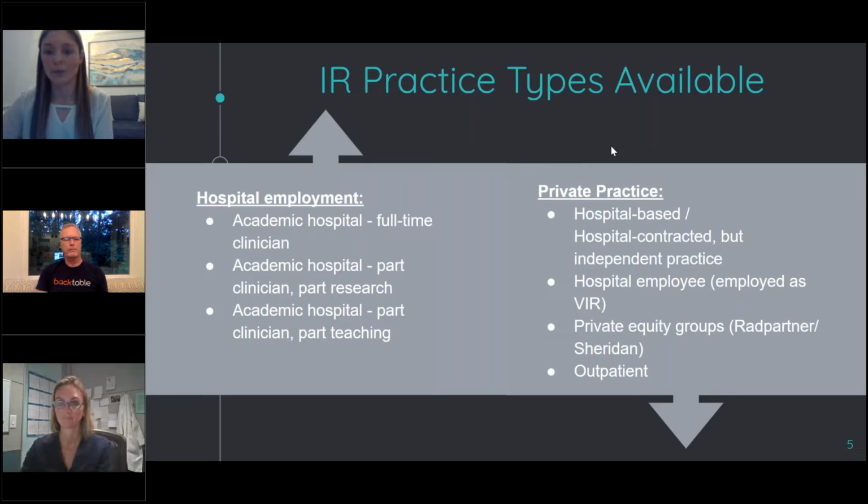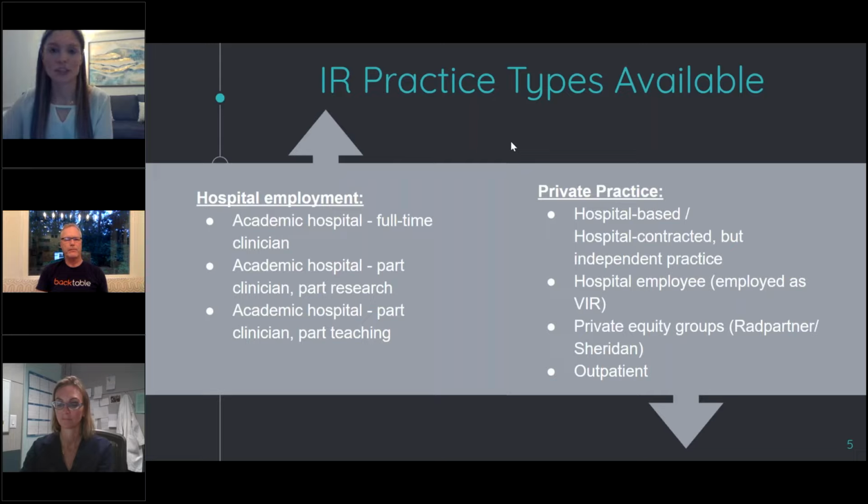On this slide, we listed both hospital employment and private practice and the different practice types available within each. I think it goes without saying that the case load and case type are going to differ in each of these environments.